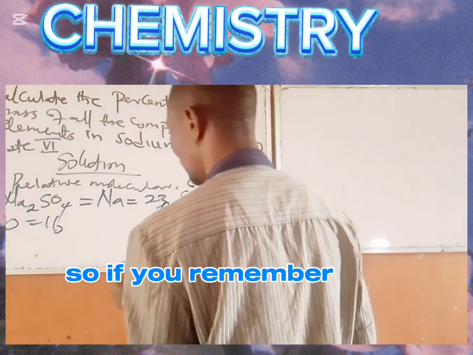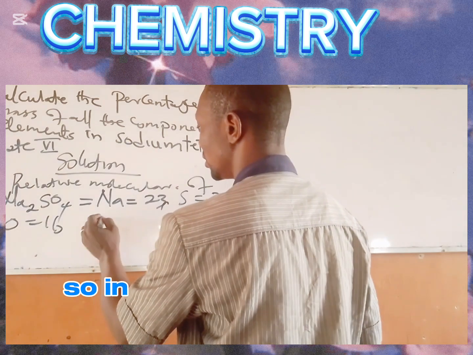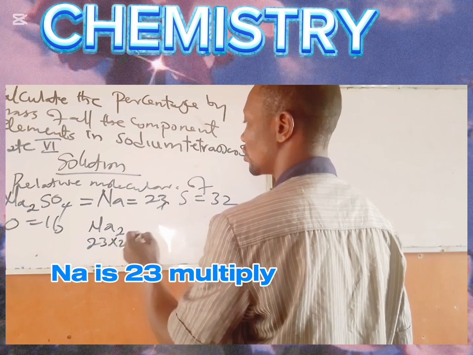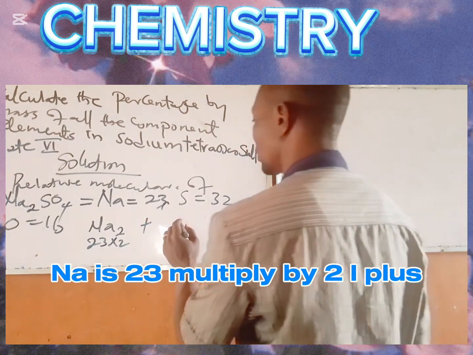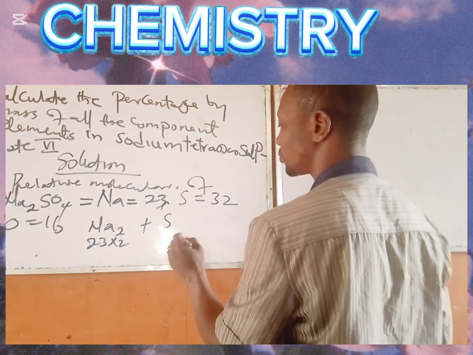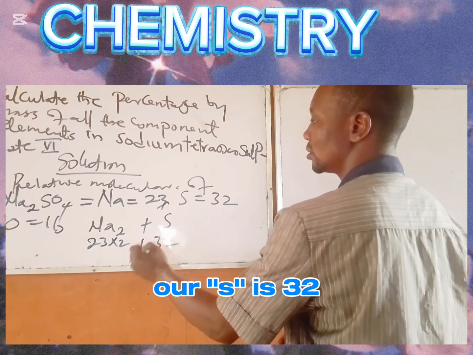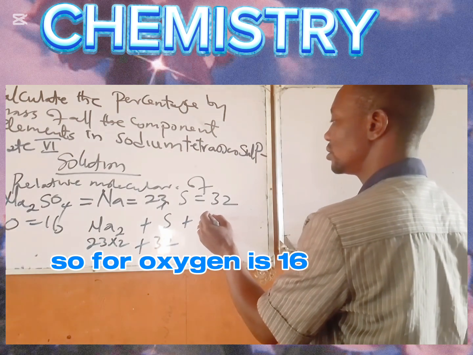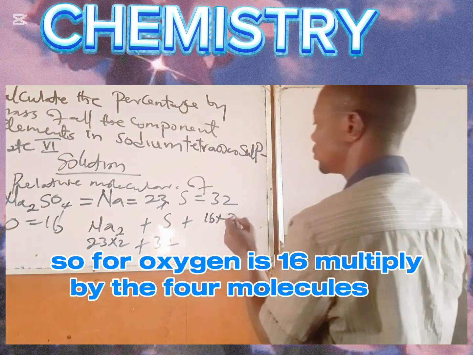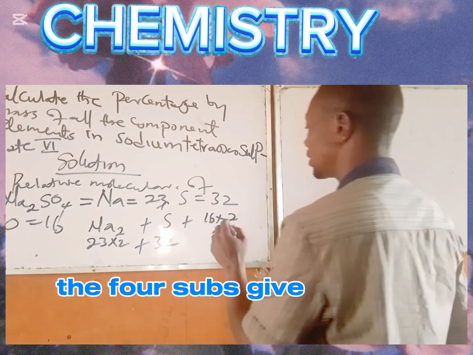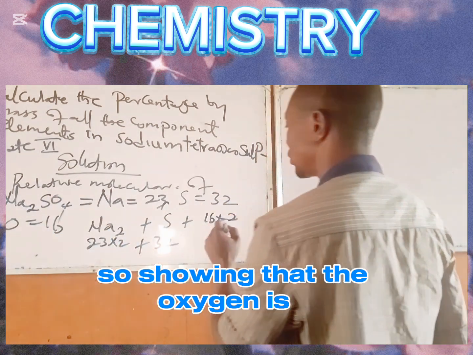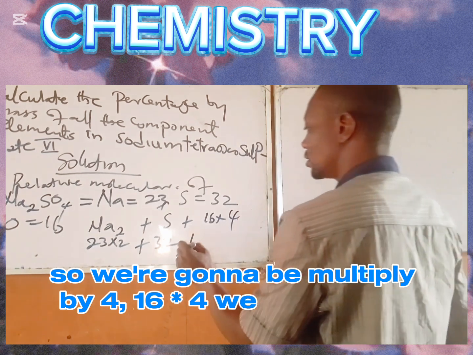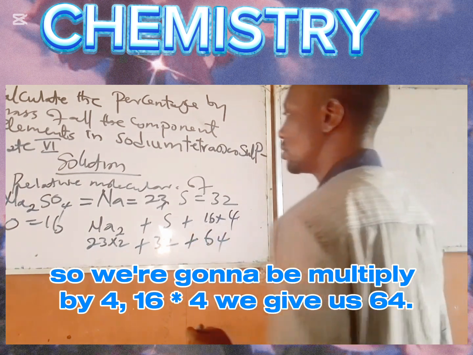So if you remember how we did it, in this equation I have Na2, Na is 23 multiplied by 2, plus S is 32, and for oxygen, 16 multiplied by the 4, the subscript given there. So it's showing that the oxygen is 4, so we multiply by 4. 16 times 4 will give us 64.